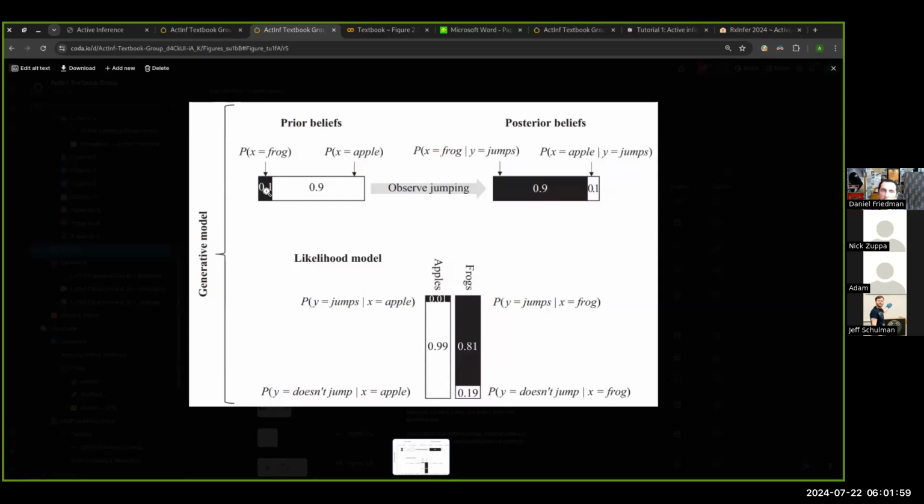However, we believed that apples were 9 times more likely. So it was 9x down in the odds, and then we observed something that by 81-fold made it more likely. So it went from 9x down to 9x up. That's the Bayesian update.